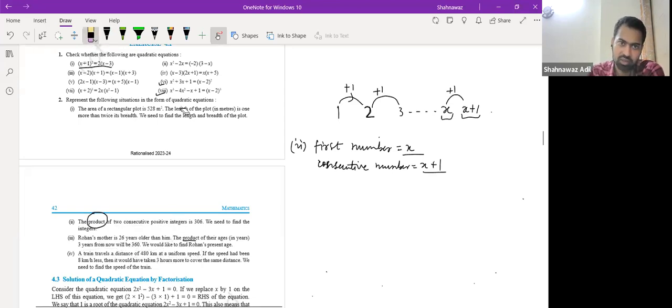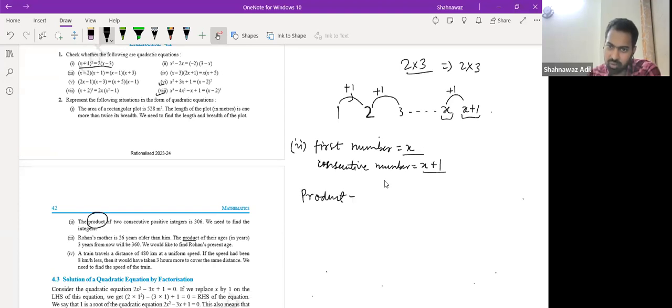Product of two numbers, let's say 2 and 3, would be 2 into 3, which is 6. Product means multiplication, so the product of these consecutive numbers would be x multiplied by x plus 1.